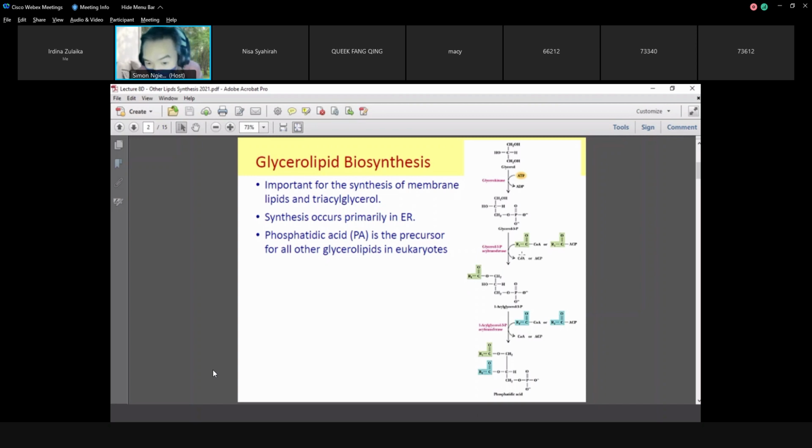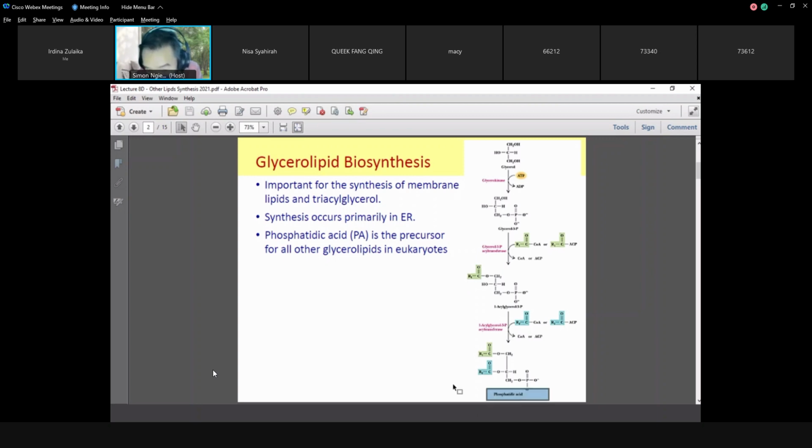So what happens is that for your glycerolipid biosynthesis, take note, the starting precursor that is important for the synthesis to start will be phosphatidic acid, which is this one.